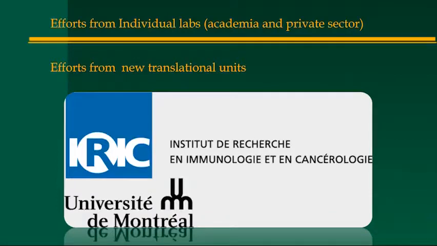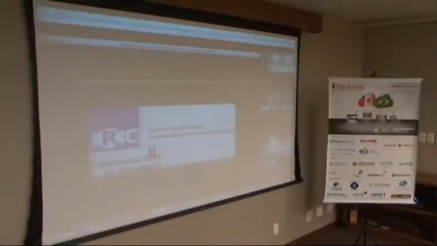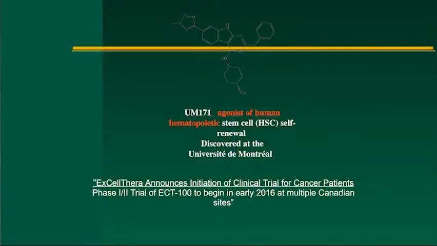IRIC is one such model, a not-for-profit institute, where research very recently has led to the unique discovery of a molecule that is capable of stimulating the growth of stem cells. This is needed, as you know, in the context of organ regeneration, and also, of course, in the context of leukemias, where we would like to stimulate stem cells. So next slide, please. One compound recently identified by the University of Montreal is called UM171.